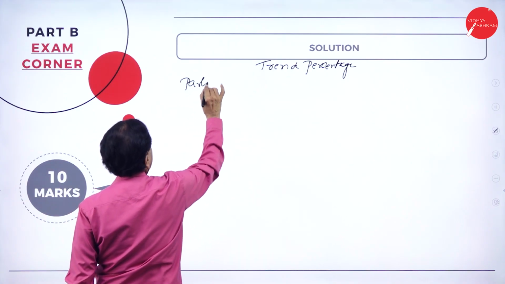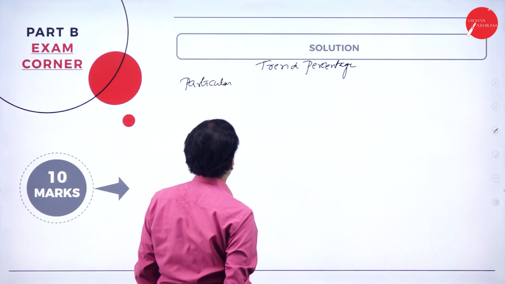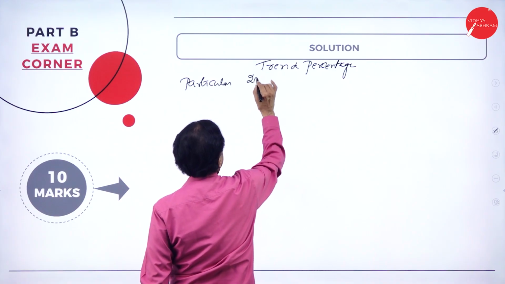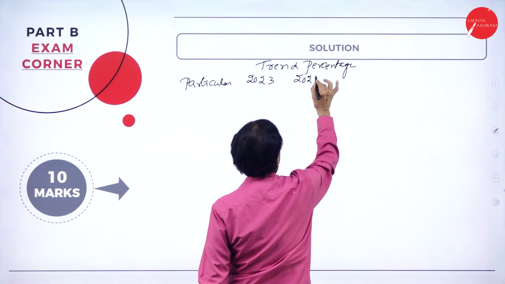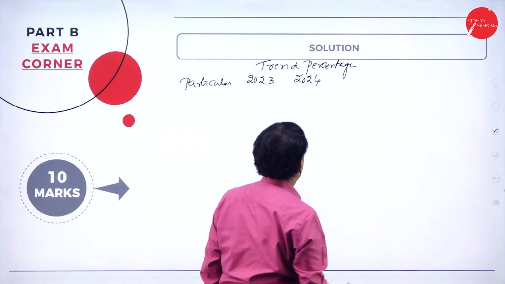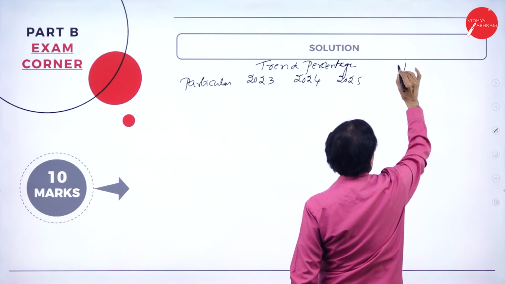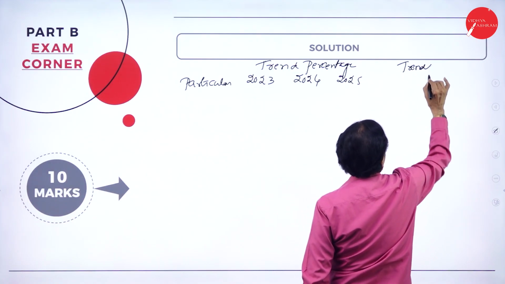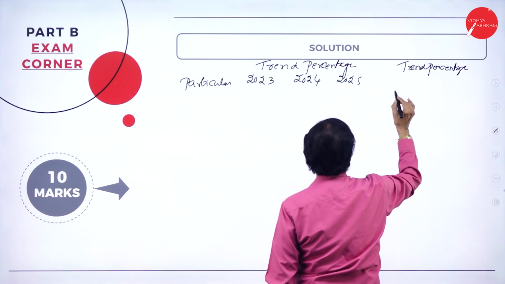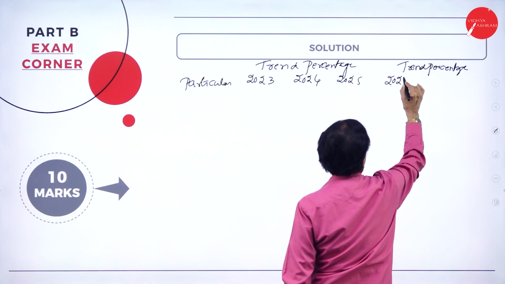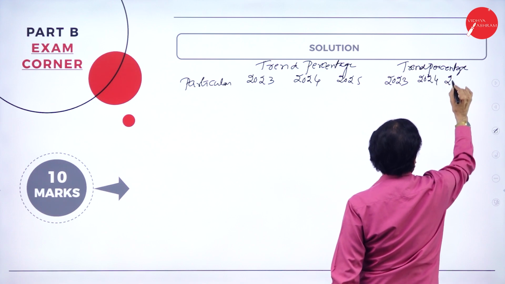Particulars: first year 2023, 2024, 2025, then trend percentage for 2023, 2024, 2025.